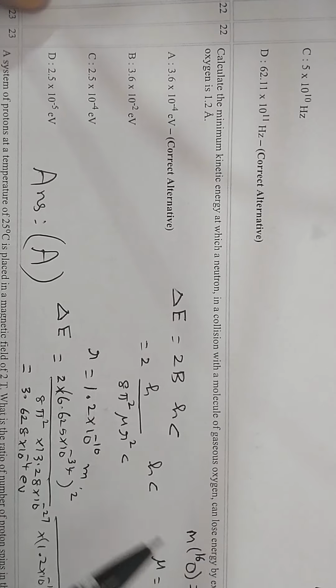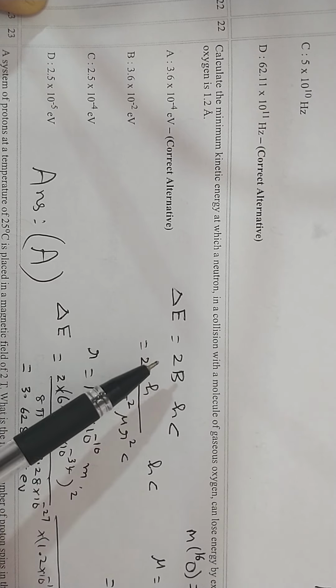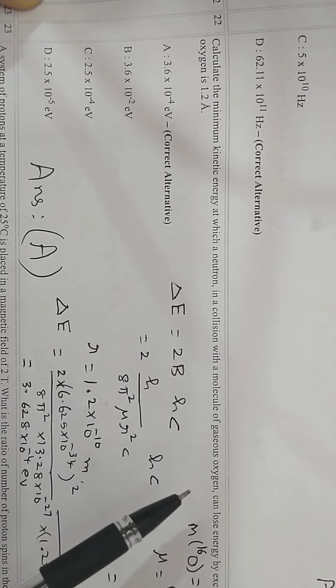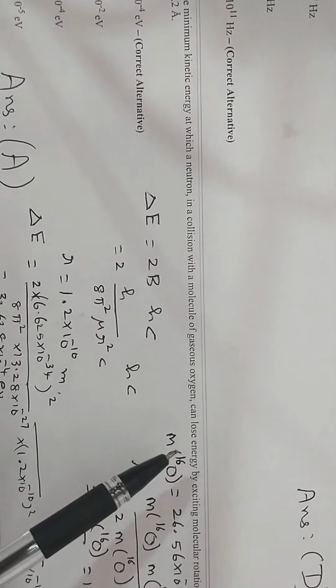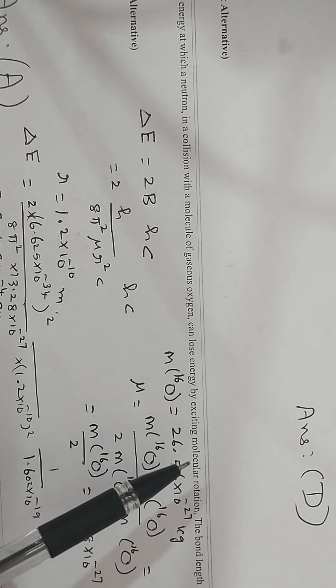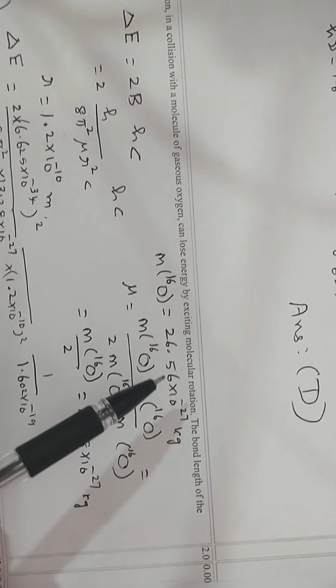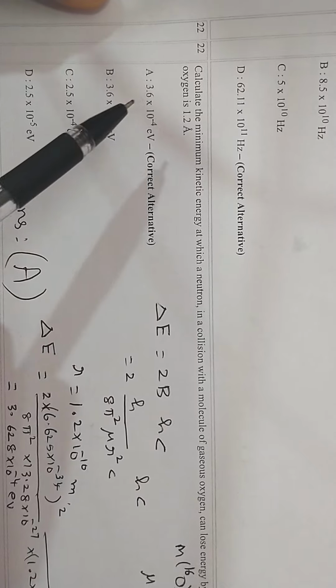The next question. Calculate the minimum kinetic energy at which a neutron in a collision with a molecule of oxygen gas can lose energy by exciting molecular rotation. The bond length of oxygen is given.